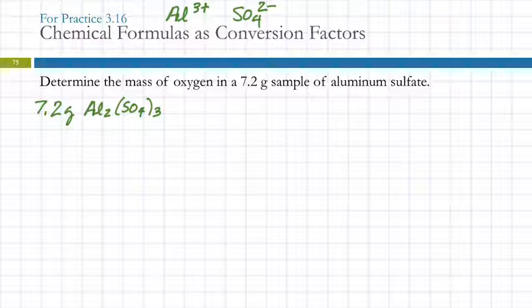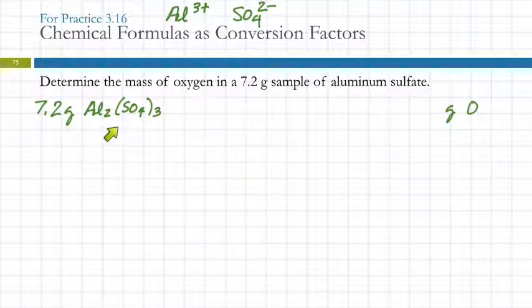We're asked to find grams of oxygen. So identify where we're starting, where we're going, and then we'll figure out how to get there. We're not given a mass percent. If we were, we could go directly from one to the other, but we're not. You could calculate the mass percent and then use it, but that's not any faster than doing it this other way.